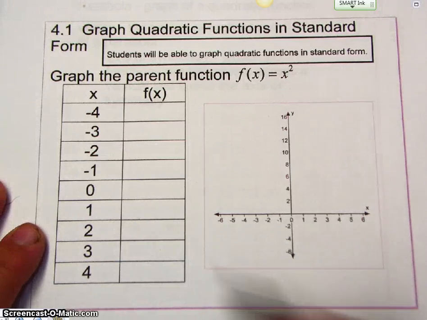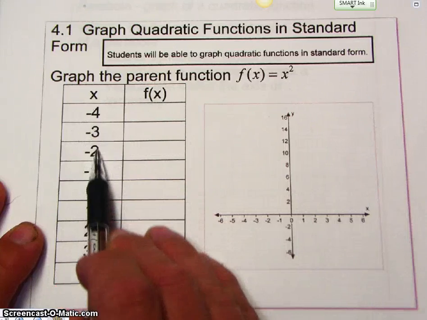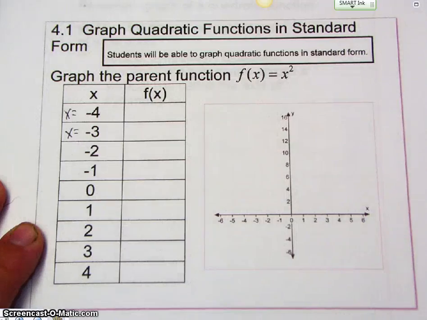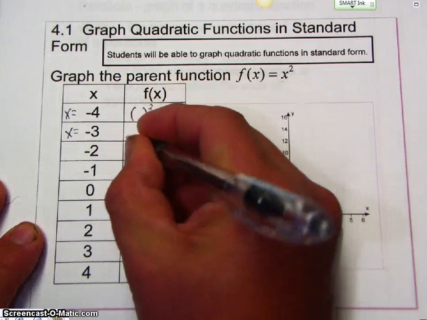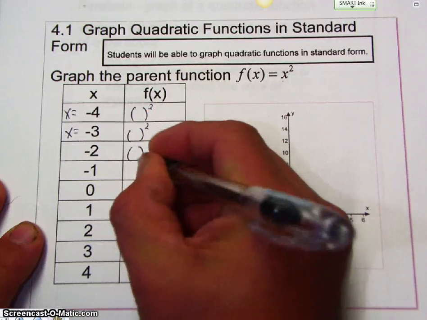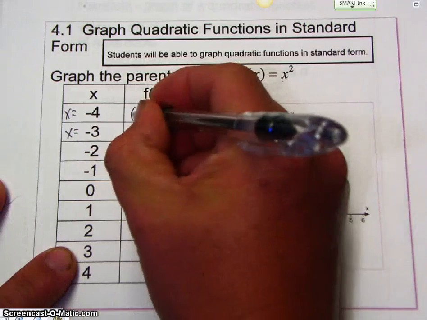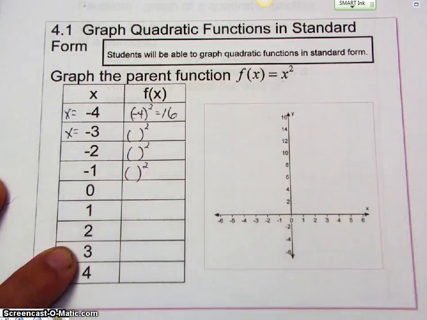So the first thing we do is plug these values in for x. In other words, if x is equal to -4, x is equal to -3. So I'm plugging them in here, with parentheses squared. I put -4 in, and when I square it, I get 16.